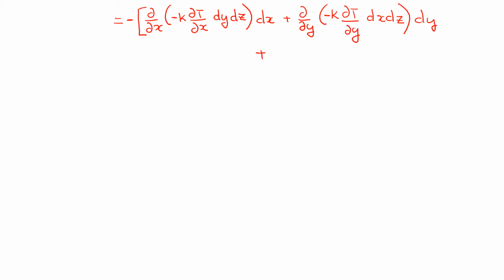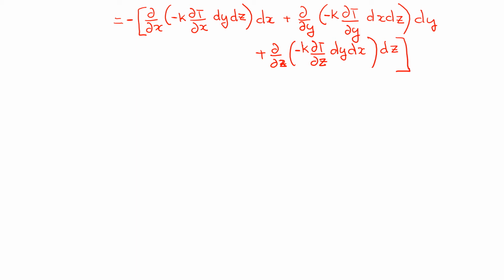Similarly, for z direction, our third term of the equation will be this times the area, which is dy times dx multiplied by the dz, which was originally there.